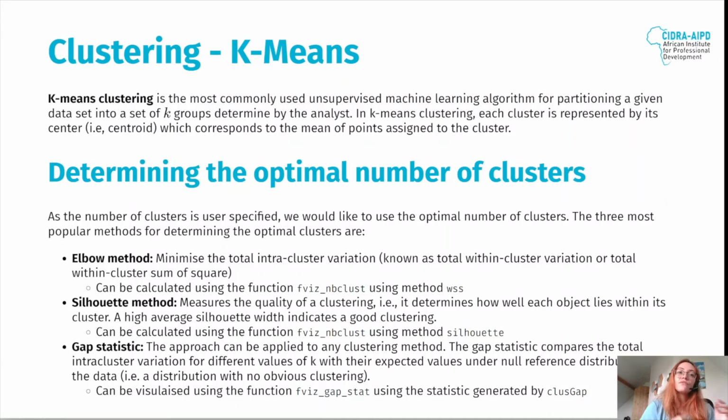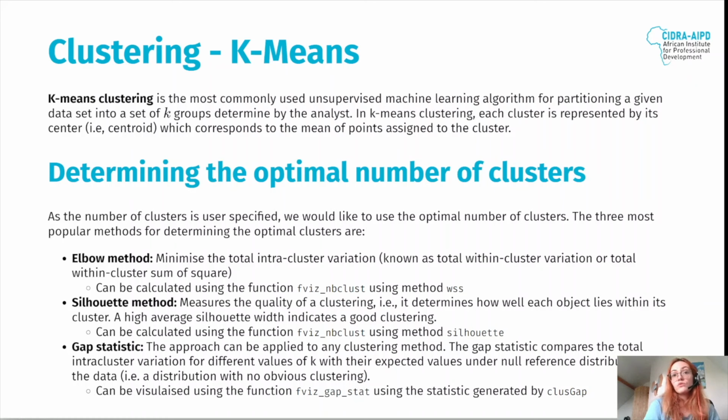We also have another method called the silhouette method, which measures the quality of your clustering, determining how well each object lies within its cluster. A high average silhouette indicates a good clustering, because it means things are pretty well placed. And you also have what is called the gap statistic.